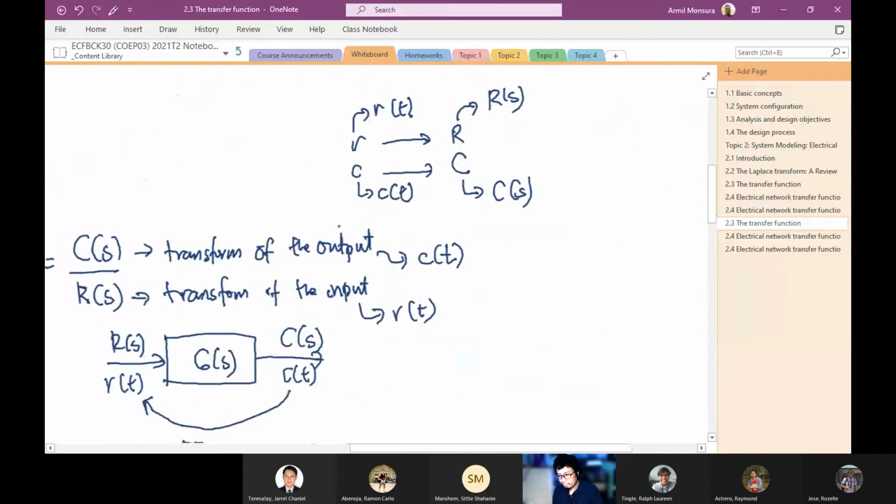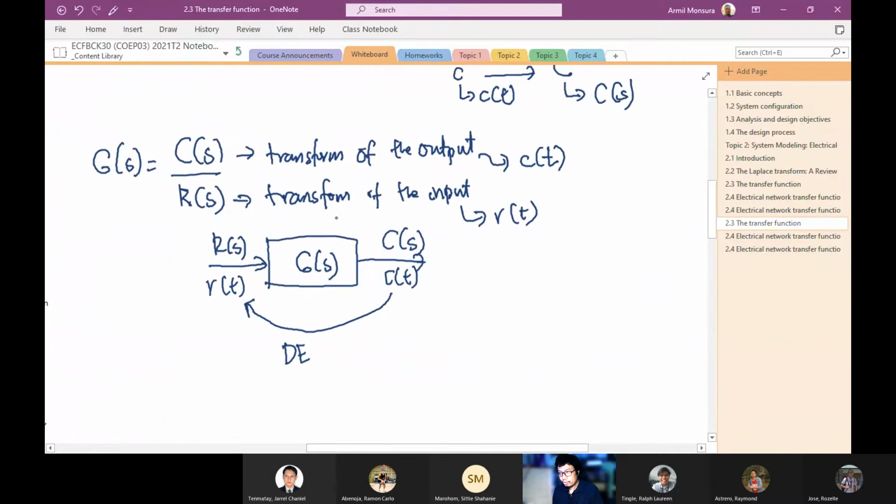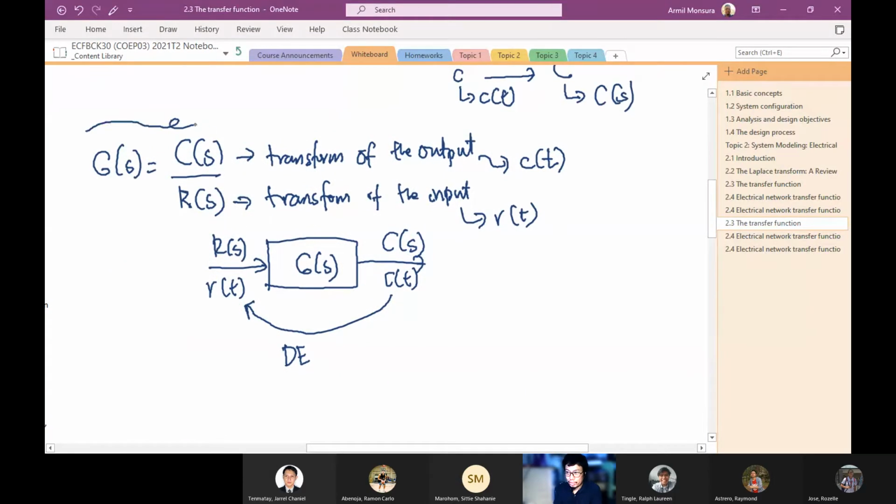Okay. And furthermore, if you take a good look at this relationship, kung titingnan niyo itong relationship na to, I can actually solve C of S out of that as the product R times G. Okay?